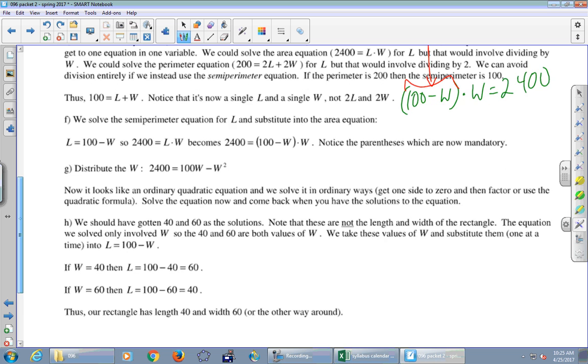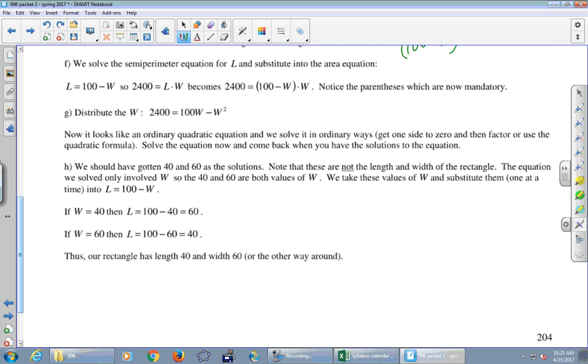So let's make a 0 on one side. But you could make a 0 on one side. 100W minus W squared minus 2400 equals 0, by subtracting 2400 from both sides.